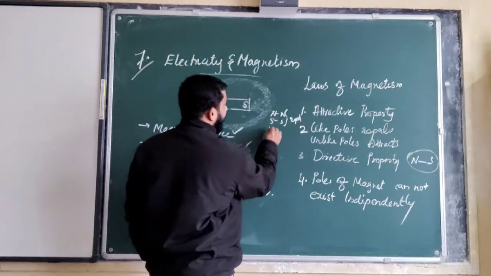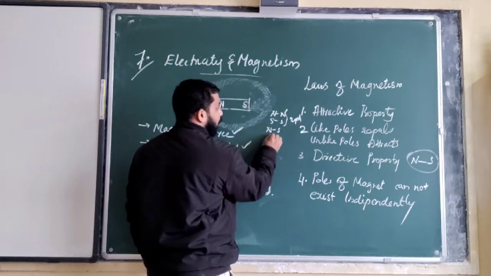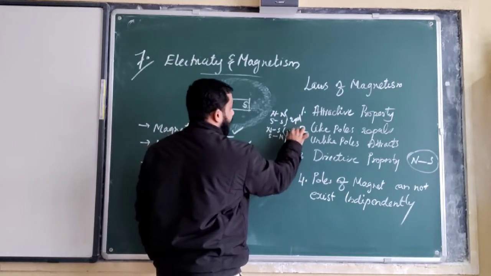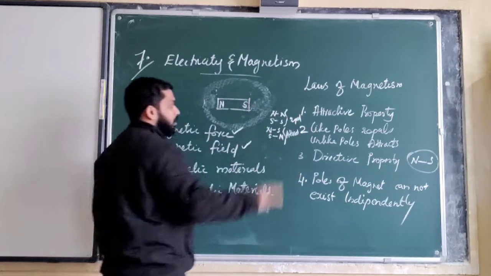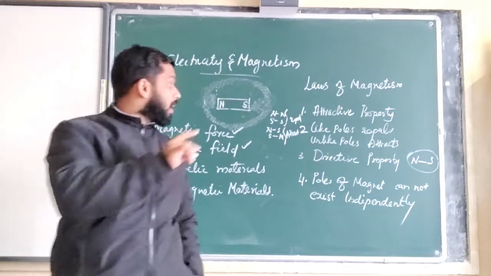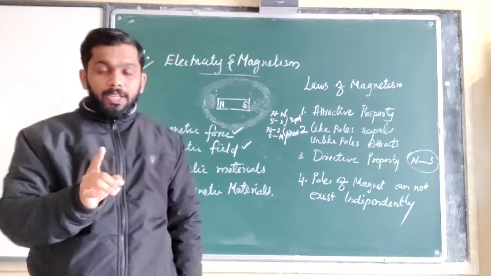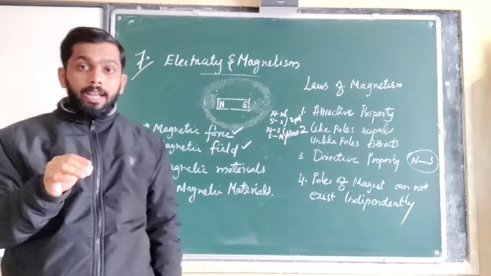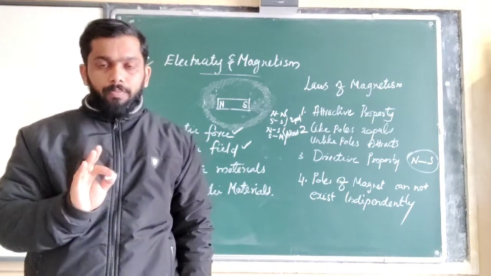Whereas if I bring north pole towards south pole or south pole towards north pole, they are going to attract. So same or like poles repel and unlike or opposite poles attract. The second law.